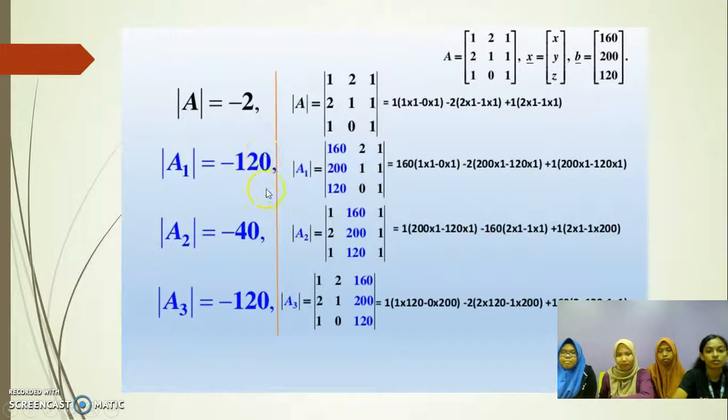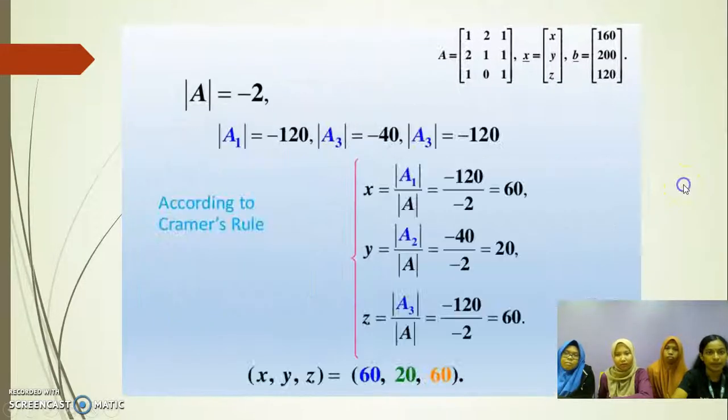Based on those four matrices that we have, which are A, A1, A2 and A3, we find the determinant of each matrix using cofactor expansion as shown here, and therefore we get determinant of A equal to -2, A1 equal to -120, A2 equal to -40 and A3 equal to -120.